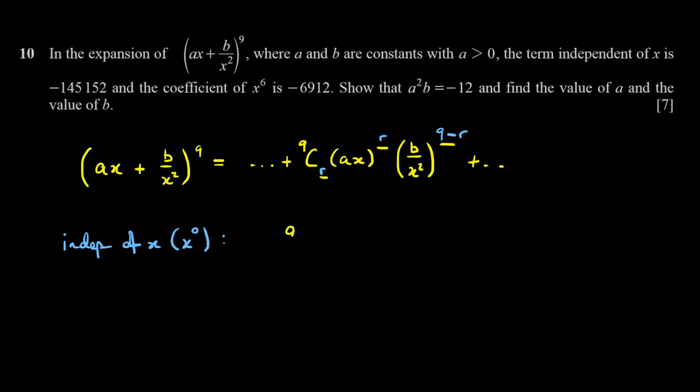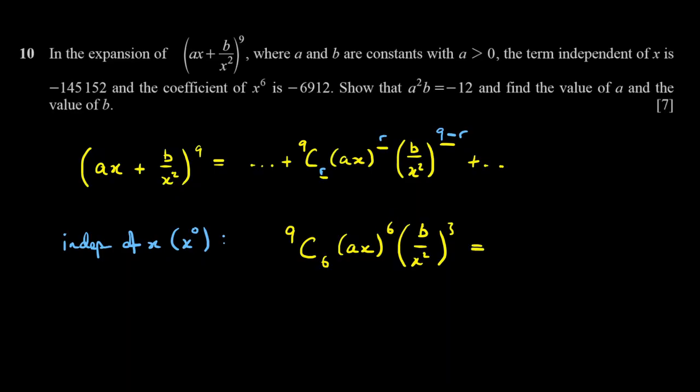I'm going to write 9C6 (ax)^6 (b/x²)^3. Please notice that we're going to get an x to the 6th term here, and x squared cubed is also x to the 6. So these are going to cancel off. And then this thing here, I just copy that power.